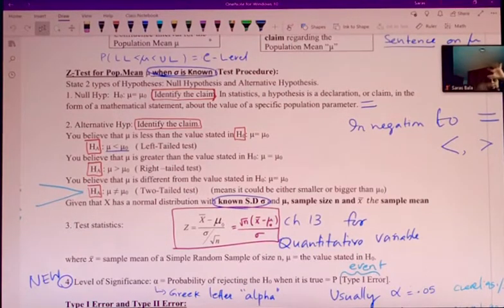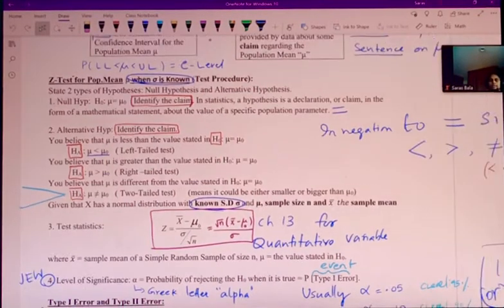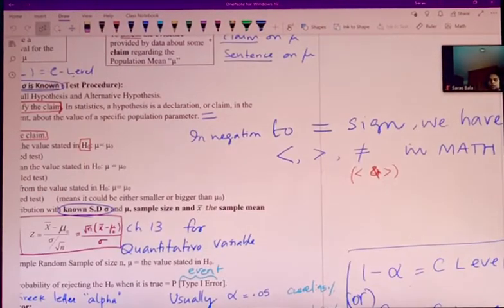One is the less than sign, the other is the greater than sign, and the third is not equal to. Not equal to includes both the less than and greater than signs, but each one is given a name here in statistics.